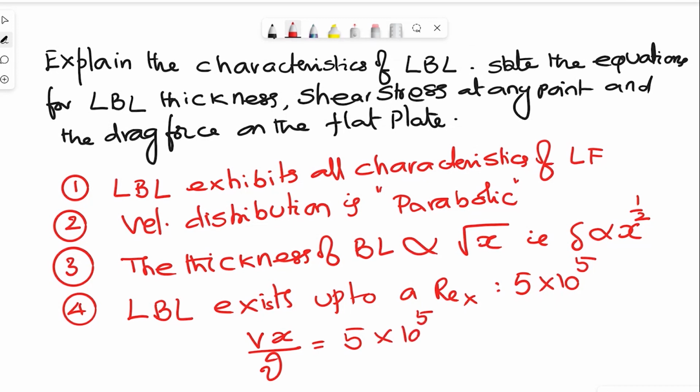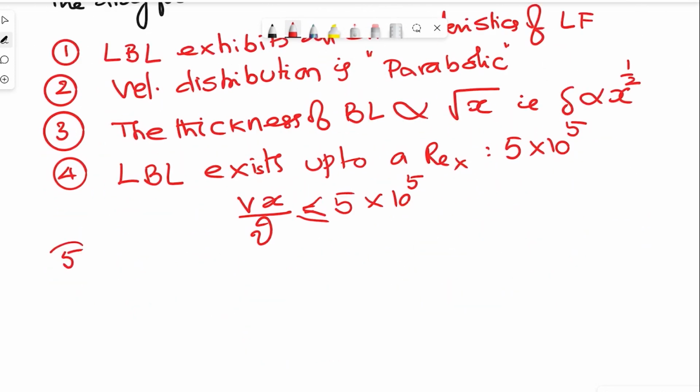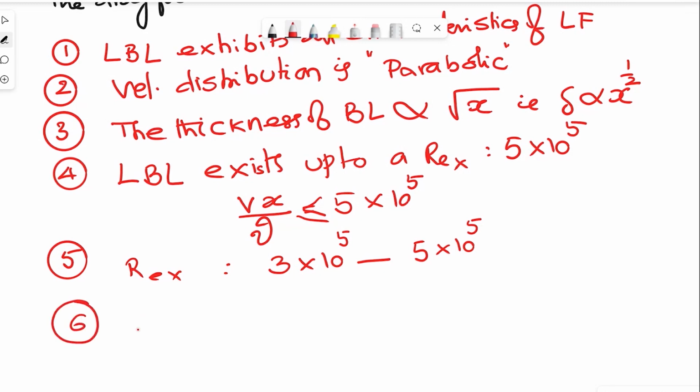Up to that, actually, strictly speaking, it must be less than or equal to. Kindly remember. So if you remember this, generally the Reynolds number for laminar boundary layer may vary from 3 into 10 to the power of 5 to 5 into 10 to the power of 5. This is the variation.